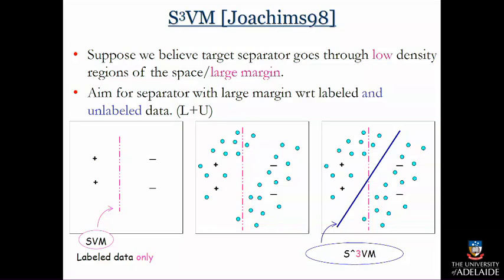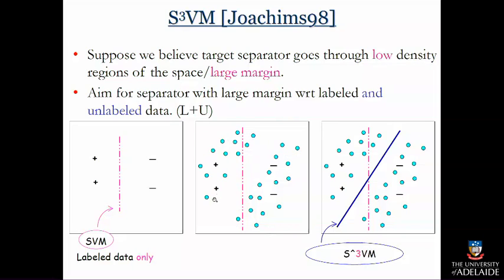Okay, so now in this semi-supervised learning setting, we try to use the unlabeled data as well, right? Not just the labeled data. So now the idea becomes, we try to find a separator with large margin with respect to the labeled data and unlabeled data. Here, let's use the symbol L to denote labeled data and U to denote unlabeled data.